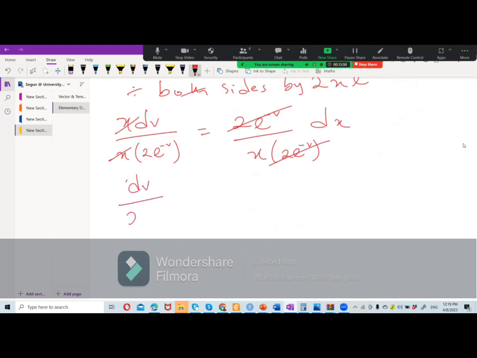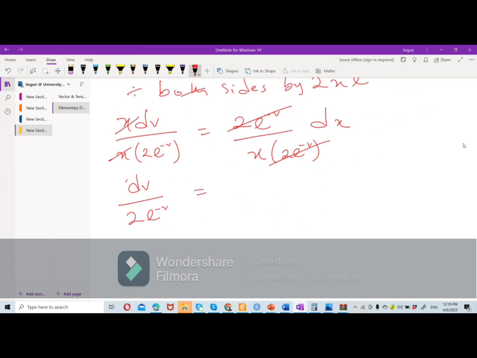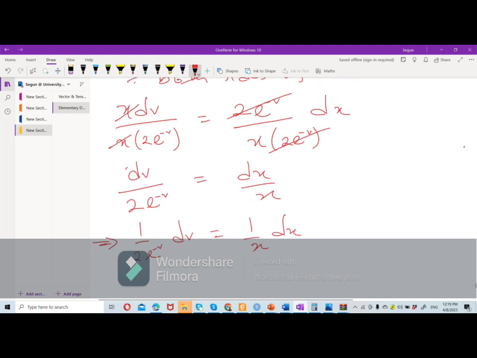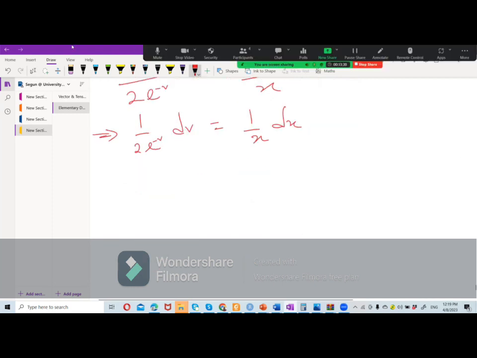So at the end of the day, we have dv over 2 exponential minus v, which equals dx over x. We can rewrite this as exponential v dv equals 1 all over x dx. So I can integrate both sides.